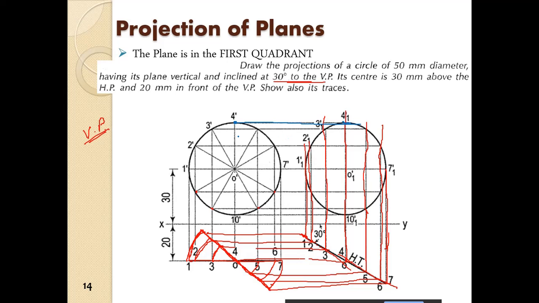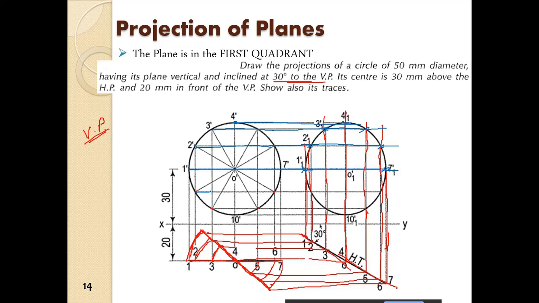Again from 3 dash I project it and I get these 2 points. Again from 2 dash I project it and I get these 2 points. And from 1 dash I project it, I get these 2 points.